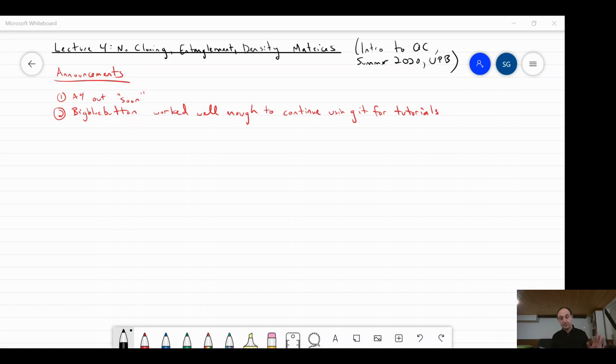This troubled many great physicists at the time, and we'll talk a bit more about the history when we get to it. For today, I want to introduce entanglement because it'll help us understand the difference between classical states, which are things like strings, and things that are genuinely quantum, which are these entangled states.